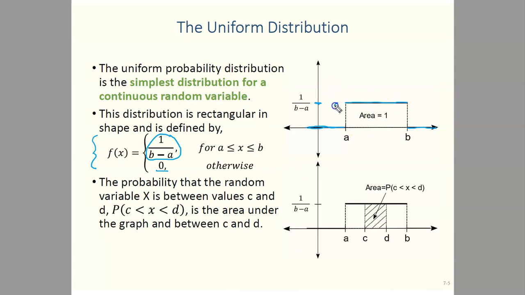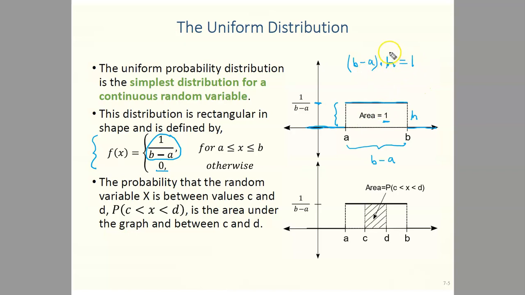Now the reason that the height of this function here is 1 over b minus a is exactly because this area has to be 1. You see, if we label this height here, call it h, then remember the area of a rectangle is width times height. Now this distance right here, this width, is b minus a. And so in order for this area to be 1, we need that b minus a times h, that's going to give us the area of the rectangle, must be equal to 1.